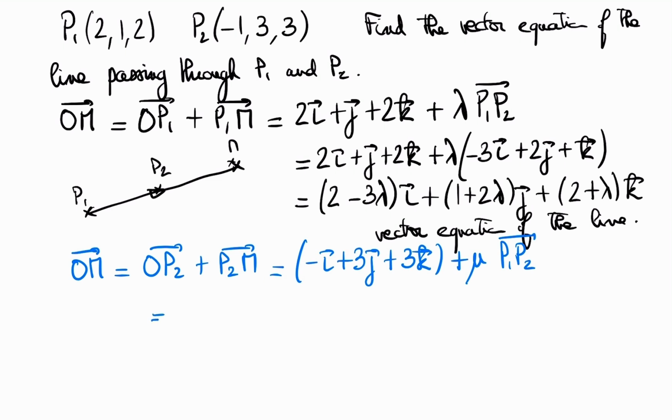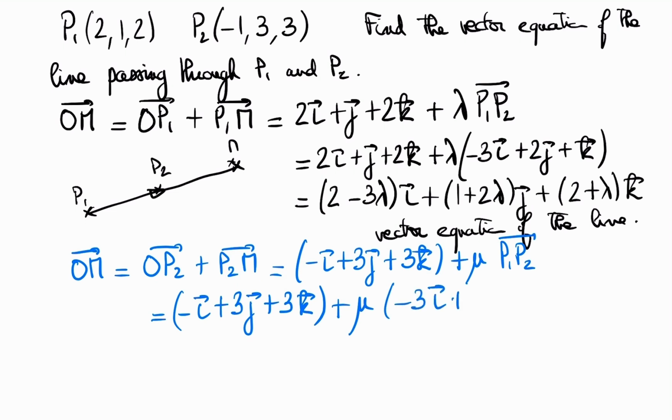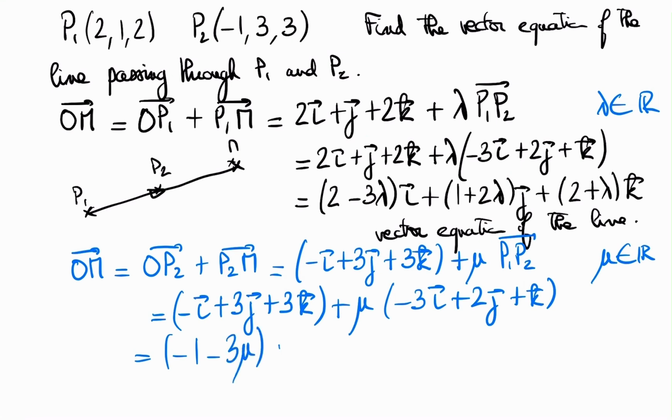And so it's equal to what? -i plus 3j plus 3k, the first component doesn't change, plus mu, and then P1P2, that doesn't change, -3i plus 2j plus k, where mu belongs to R as well, like lambda belongs to R. Now again, I'm going to group the i terms together, so that's (-1 minus 3 mu) i plus (3 plus 2 mu) j plus (3 plus mu) k.